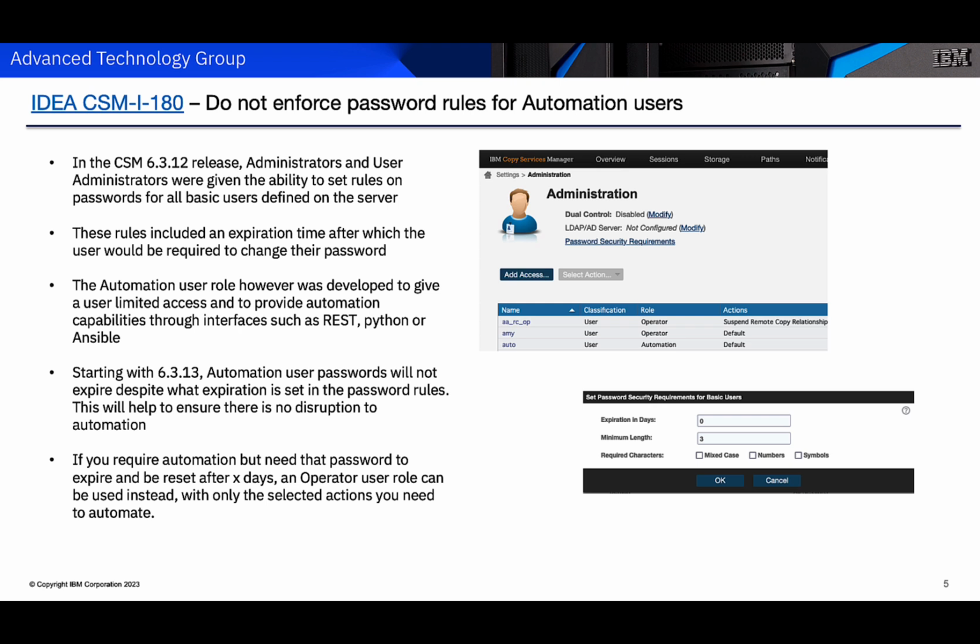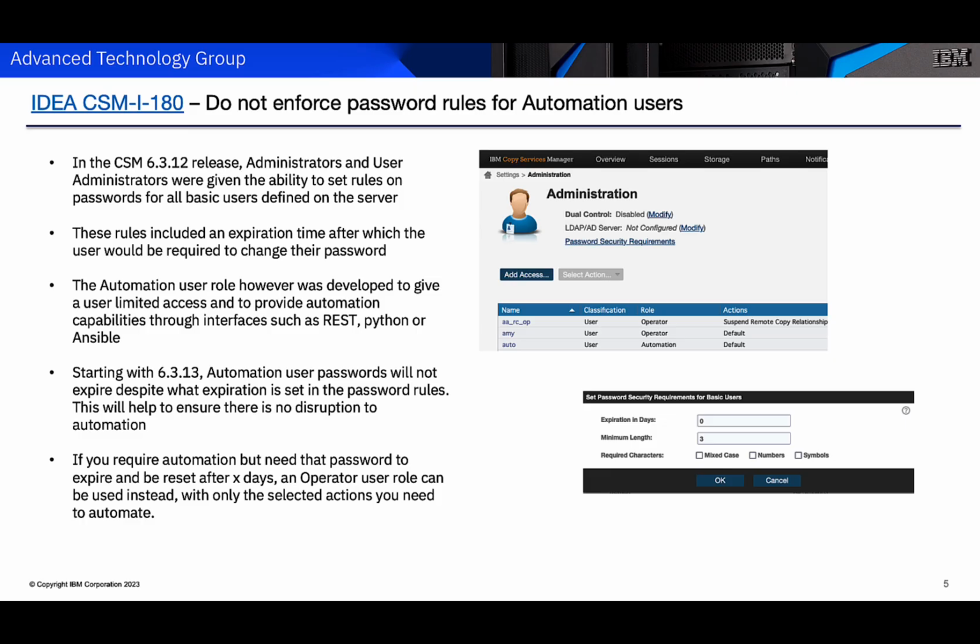So because automation users are really intended to have some minimal access, you can disable their access to the GUI and even CLI, and intended to provide that continuous automation against CSM, we've made it in 6.3.13 so that the automation users do not abide by that expiration time. So no matter what you set for expiration, any user that has the role of an automation user will not expire.